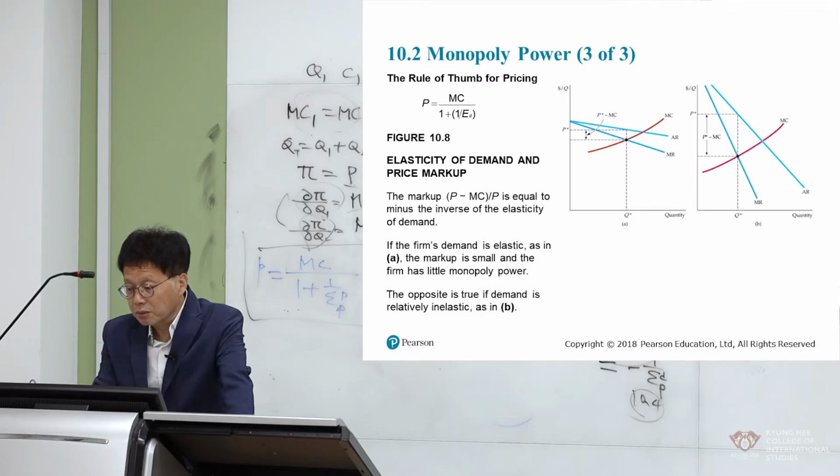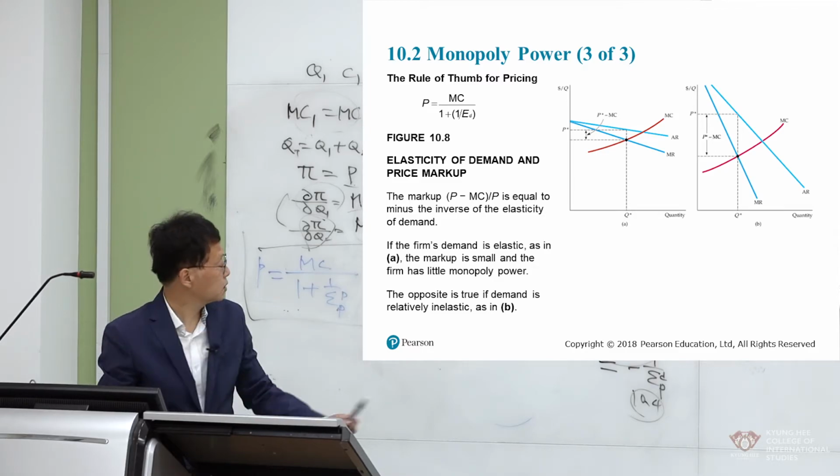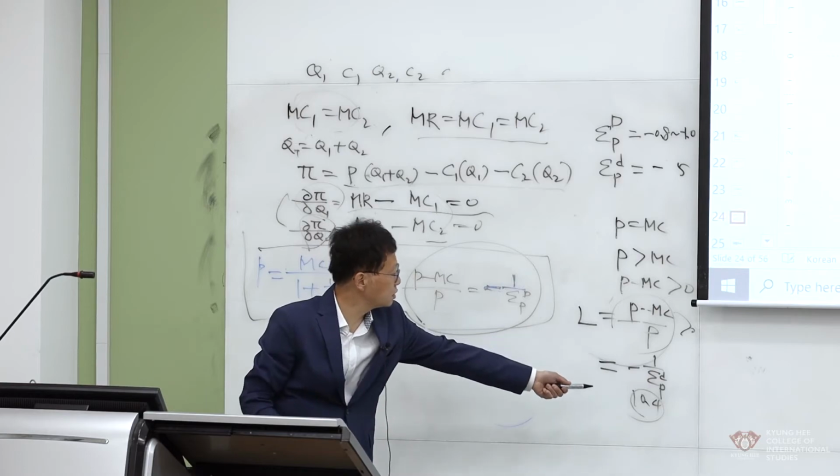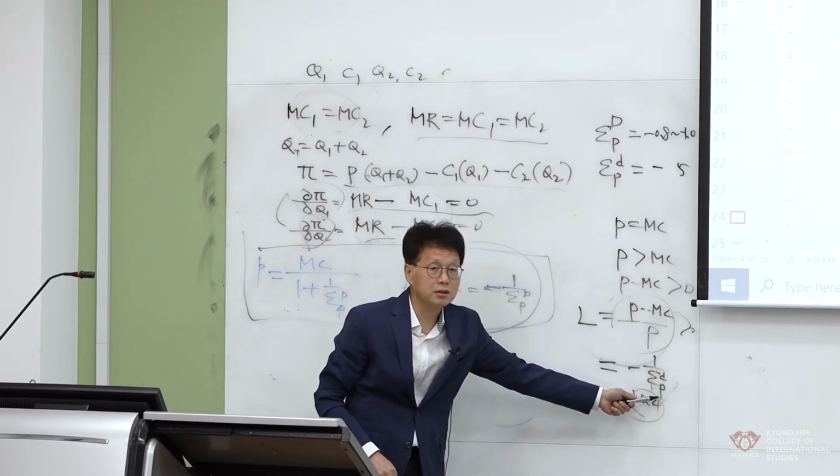Then price minus marginal cost is this in panel B. We know the price-marginal cost markup is greater in panel B than in panel A. Why is this so large? Why does this firm have more monopoly power than the firm in panel A? Because of the different shape of the demand curve. Or, simply, different values of the price elasticity of demand.